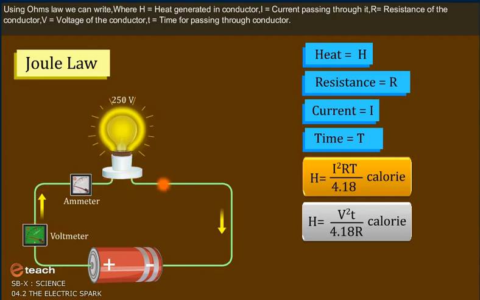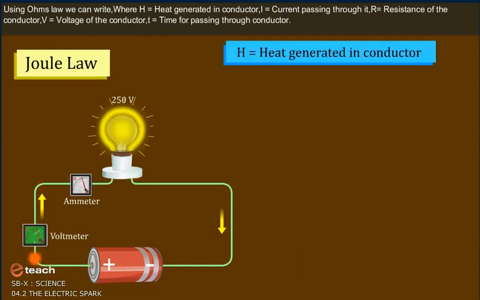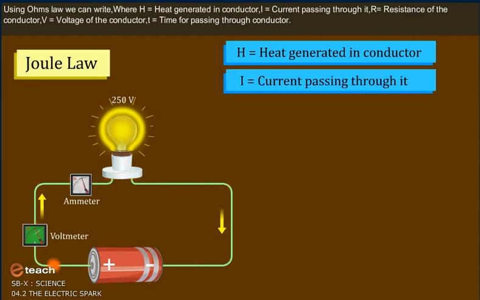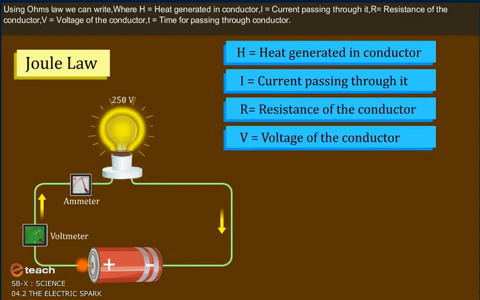It comes H is equal to VIT upon 4.18 calorie, where H is equal to heat generated in conductor, I is equal to current passing through it, R is equal to resistance of the conductor, V is equal to voltage of the conductor, and T is equal to time for passing through conductor.